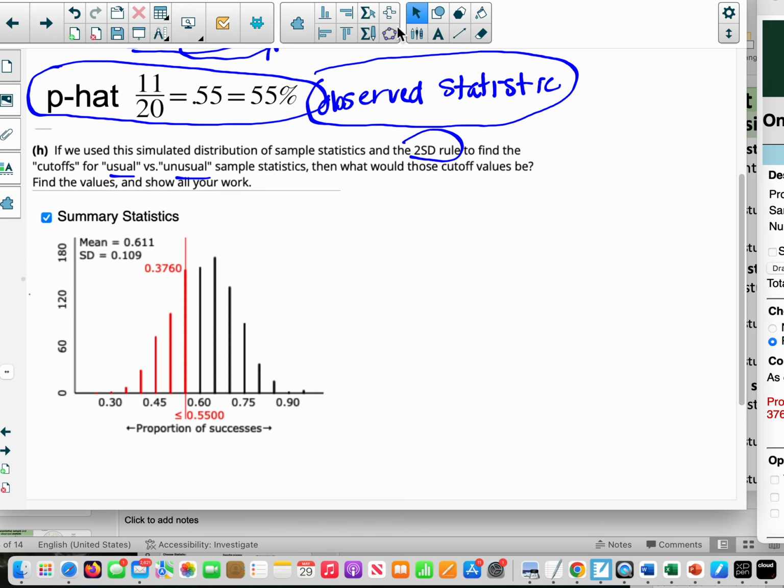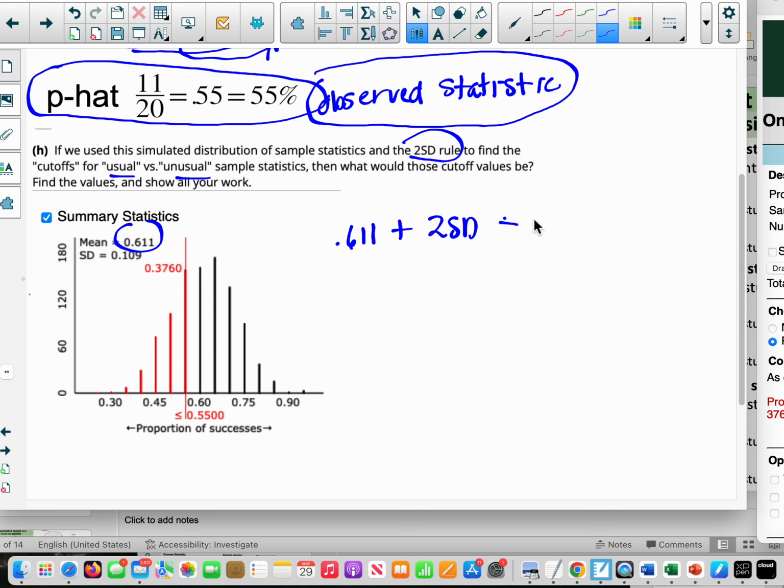So the two standard deviation rule says that if I take my mean, 0.611, and I add two standard deviations, that gives me the upper cutoff. And if I take my mean, 0.611, minus two standard deviations, it gives me my lower cutoff.